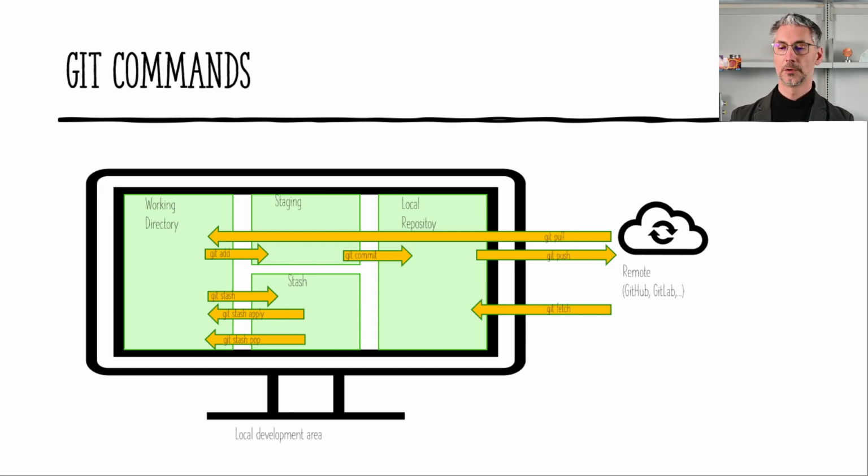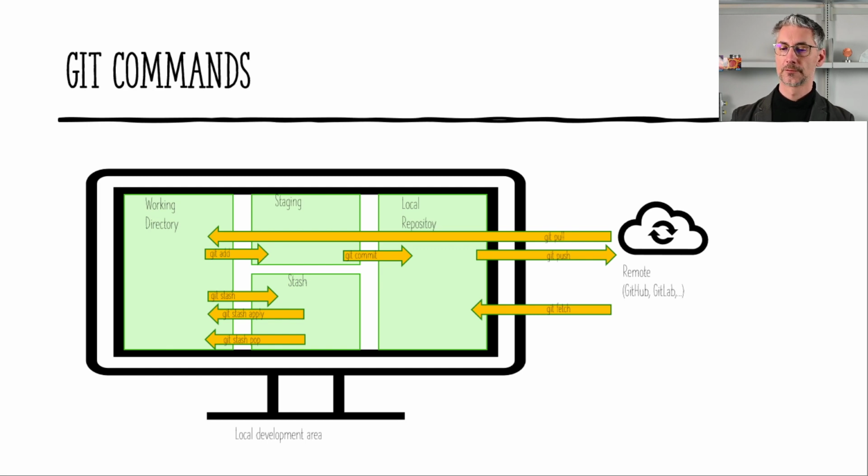So git pull or git clone makes a copy and pulls the file from the remote repository. If we add a file after we modified it, for example, or added a new file, we use git add, and that puts it into the staging area. We use git commit, and then we have added this to the git repository, but only to our local version, and we need to use git push to put it to the remote server.